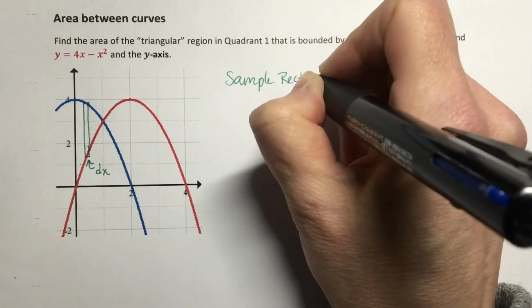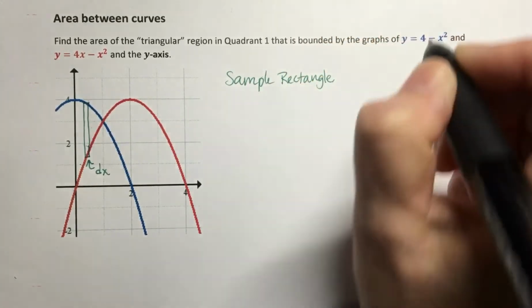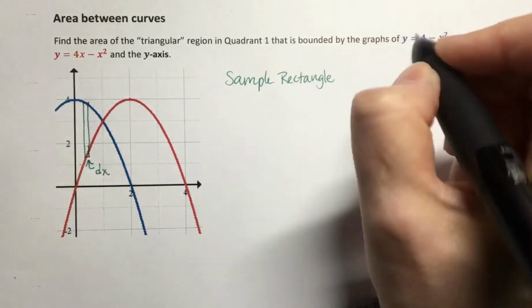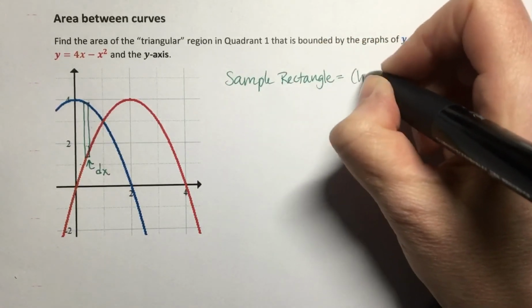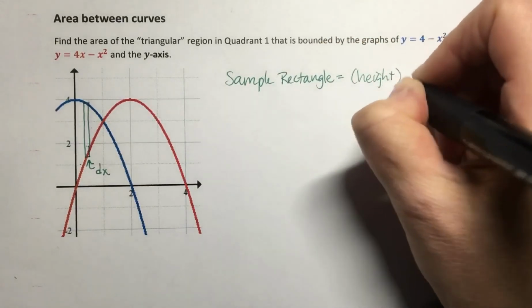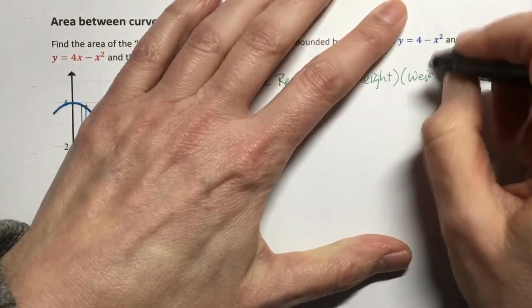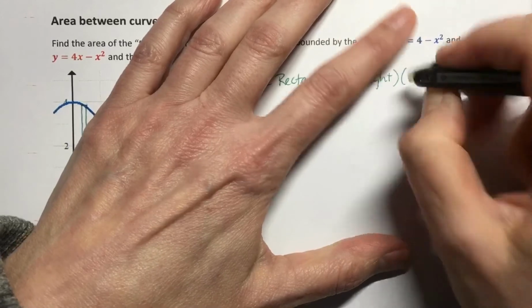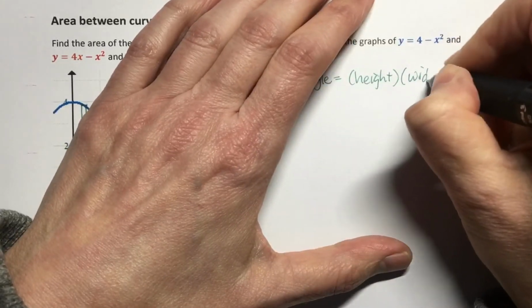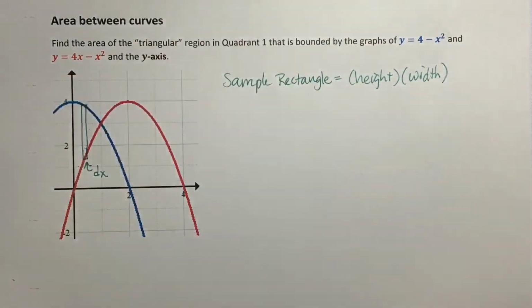When we consider this sample rectangle, we know a rectangle is just base times height. Basically we're saying height times, not weight, that's ridiculous, height times width. So it's just those two dimensions.